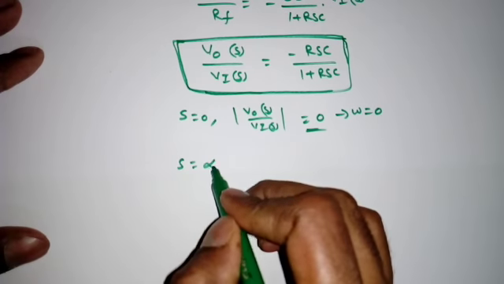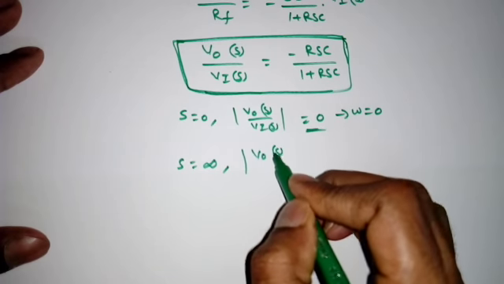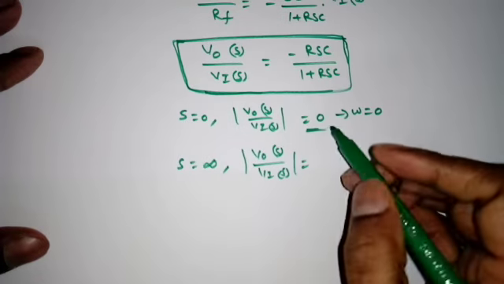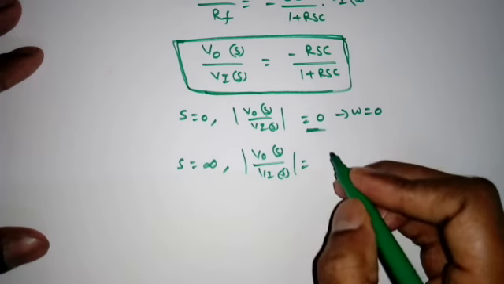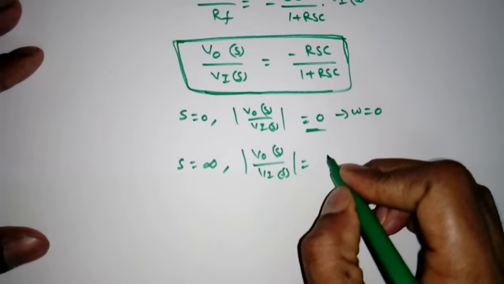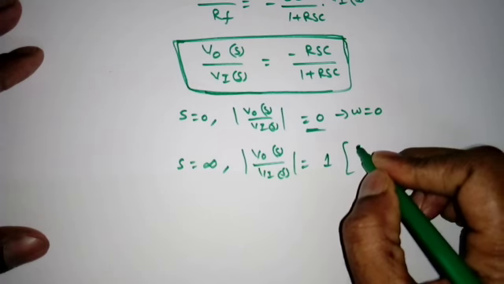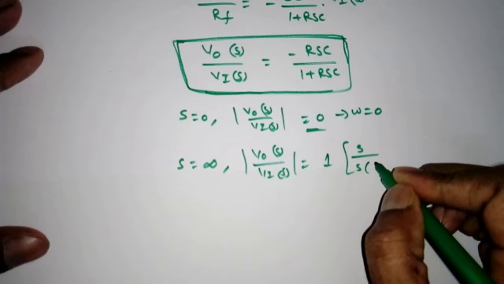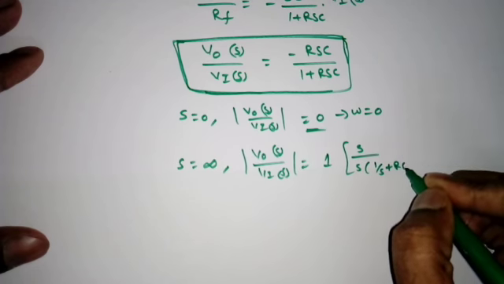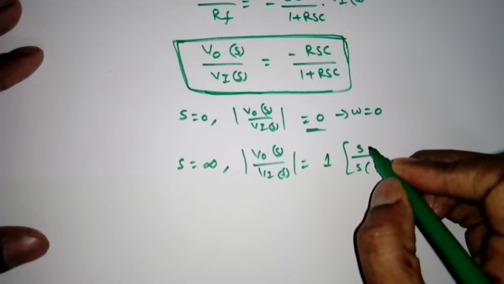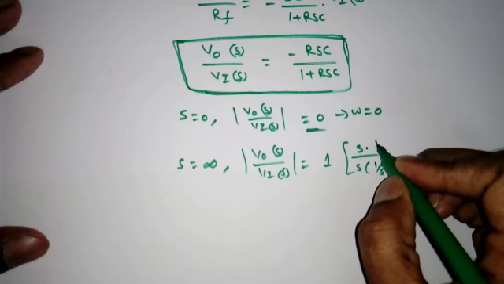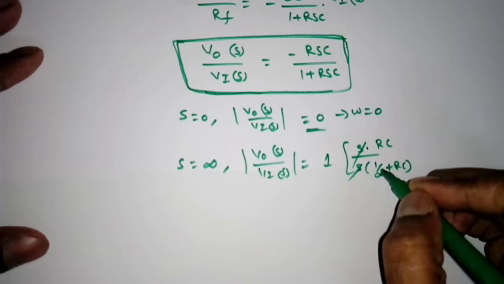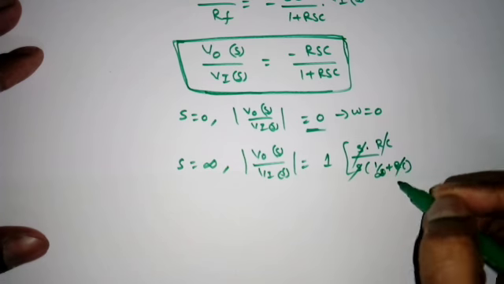Suppose we substitute S equal to infinity: take S out, so S will be cancelled, so 1 by (1 by S plus RC) into RC. 1 by infinity is 0, so RC will be cancelled.